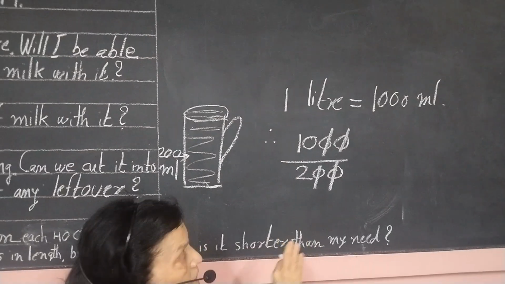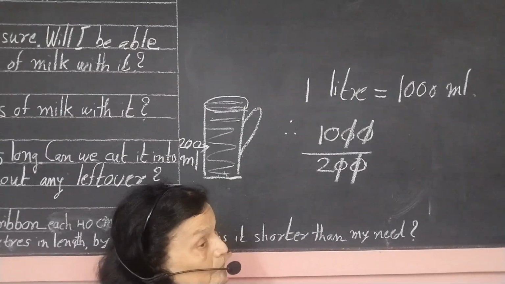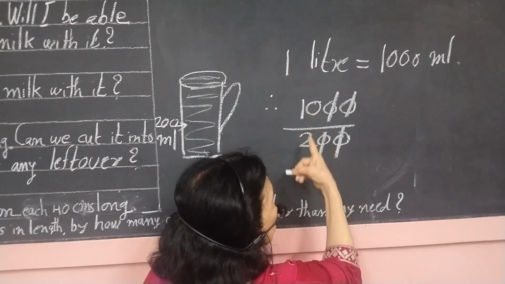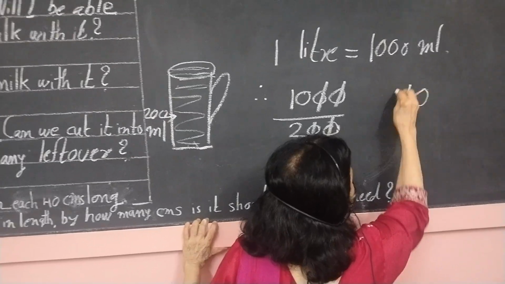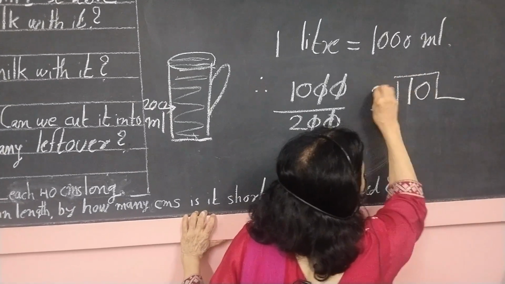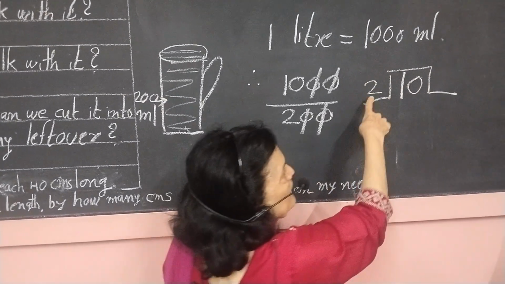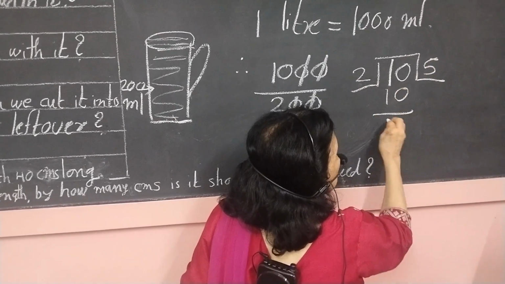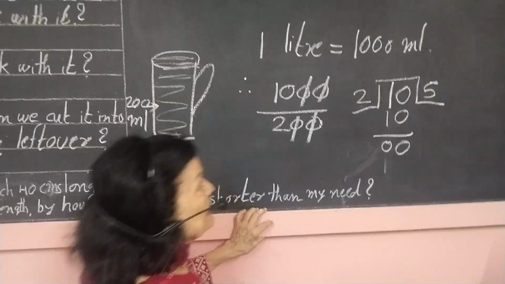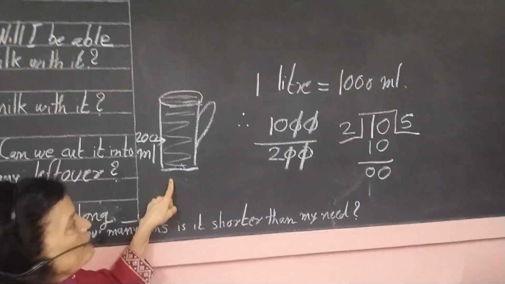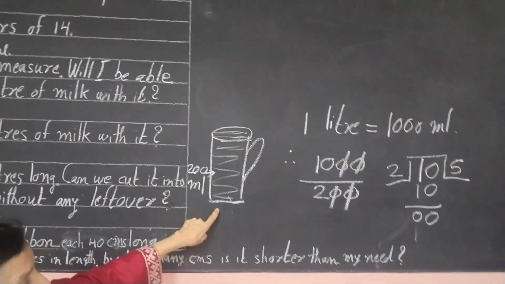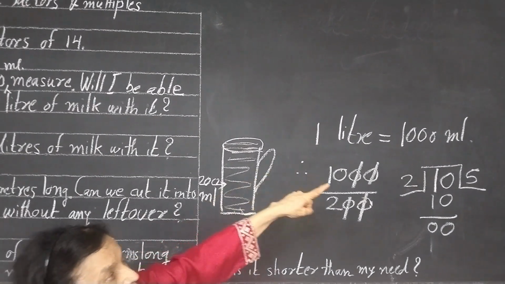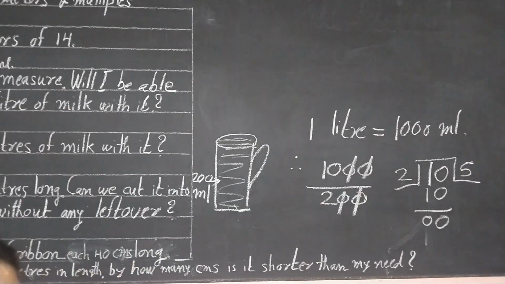This is done for reducing the big numbers in maths. So now we have to divide 10 by 2. And we know that in the table of 2, 10 comes and the remainder is 0. That means with this type of measuring cylinder, we can measure 1 liter of milk exactly.